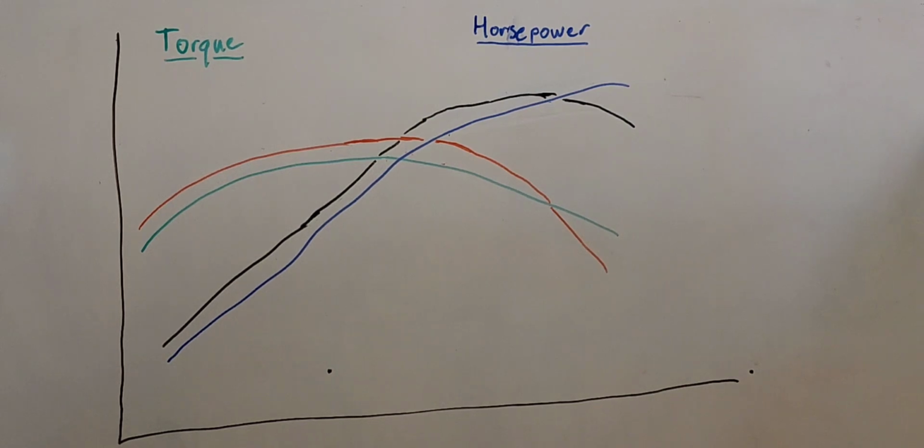So we have altered things like cam timing, ignition timing, fueling amounts, and then we can also alter things like exhaust and intake lengths to generate a much more improved and higher torque curve than what we had before.